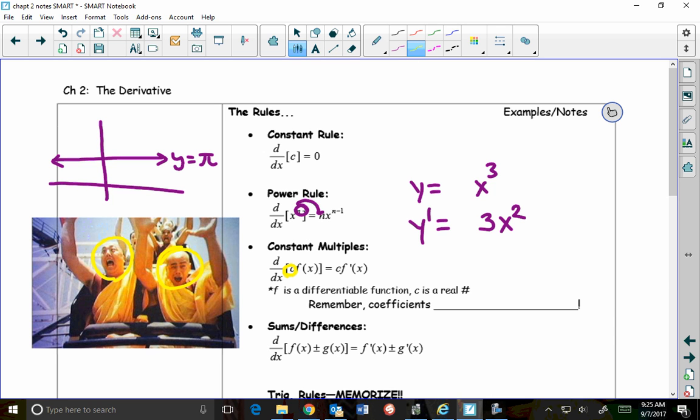They're going along for the ride. Coefficients get to do what? Woohoo! Go along for the ride. When I get all excited and you ask me what that coefficient does, you'll be like, woohoo! Going along for the ride.